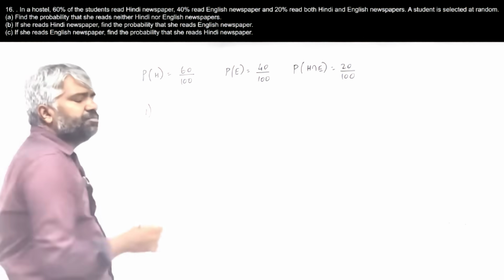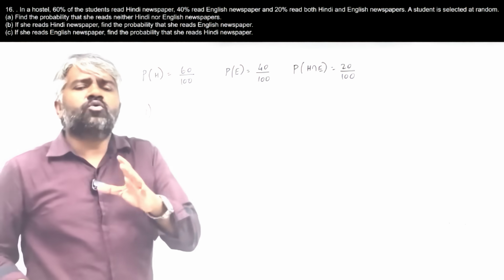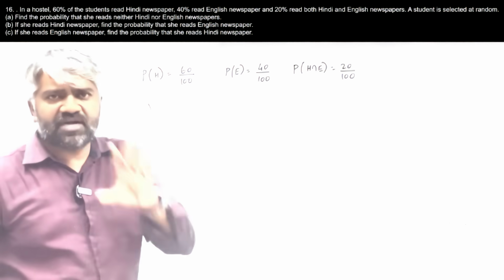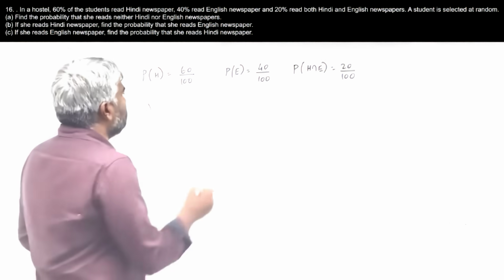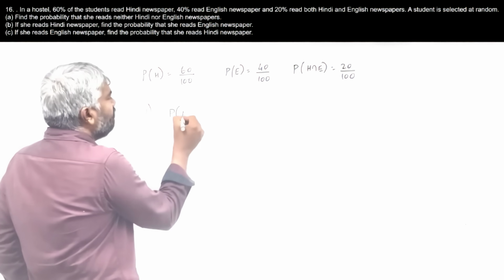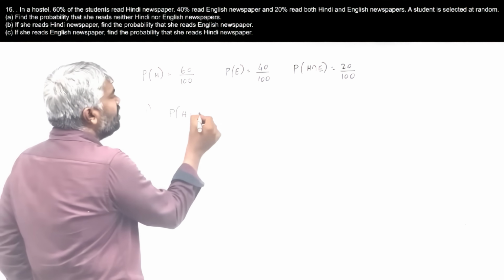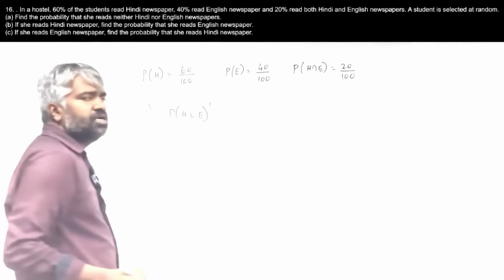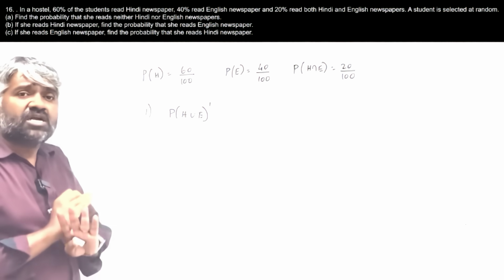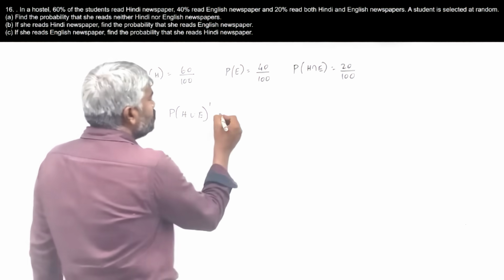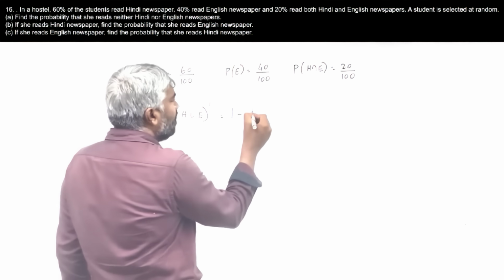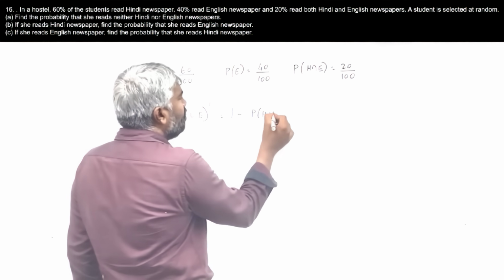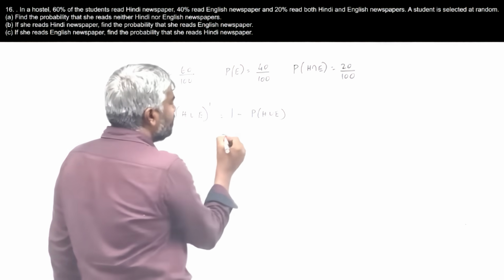It is the student who doesn't read either of the newspapers, that is P of (H union E) whole dash. This can be calculated as 1 minus P of H union E, right?